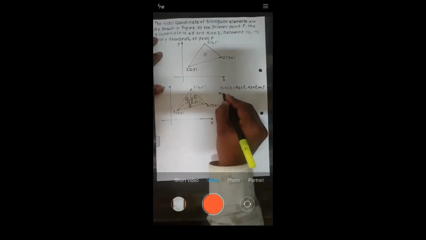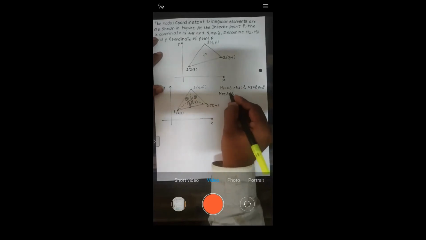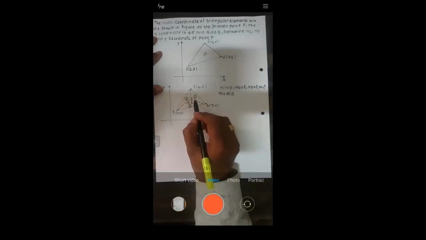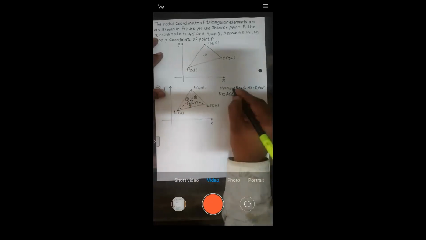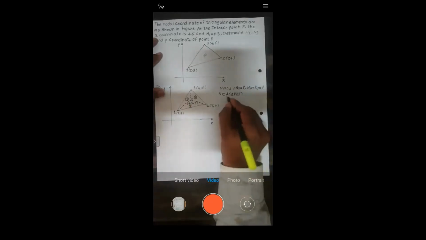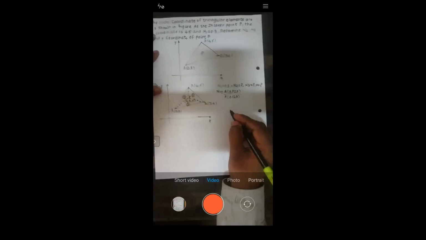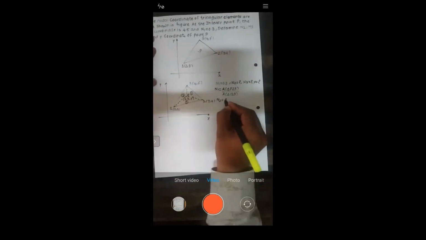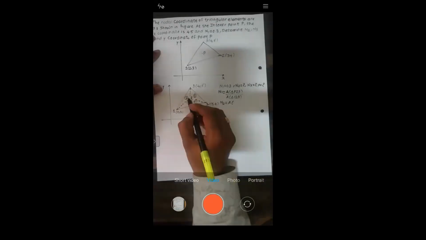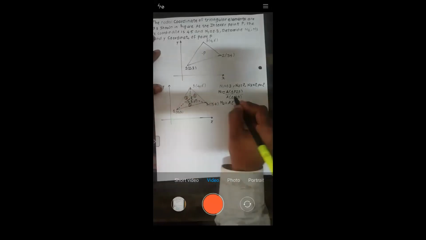N1 is given by the area of triangle 1, that is P23, upon the area of triangle 1, 2, 3.